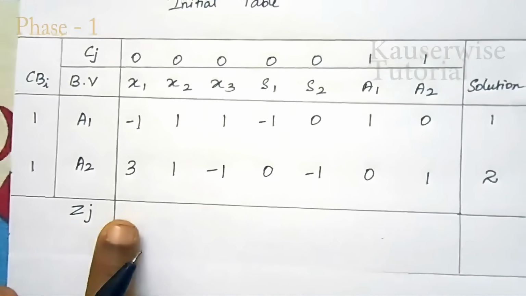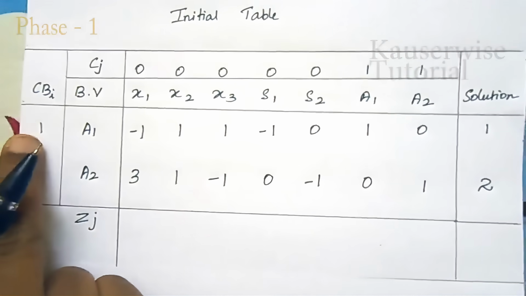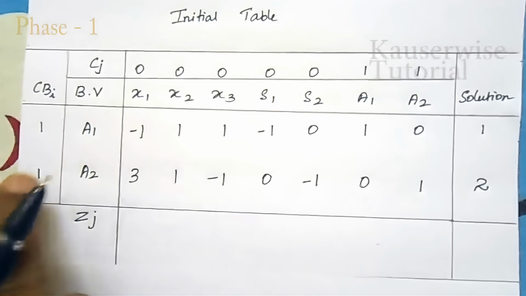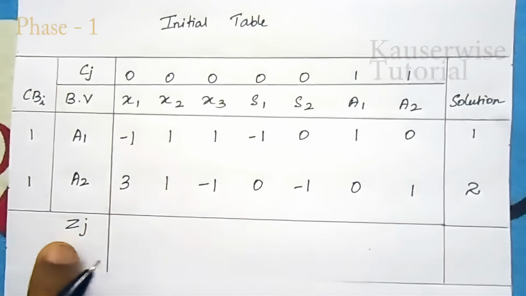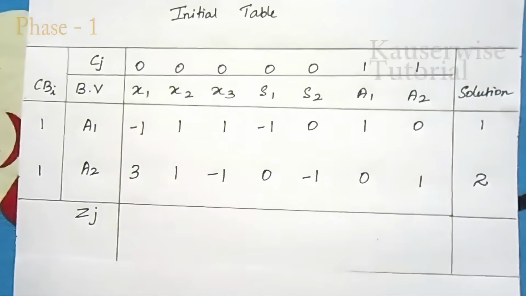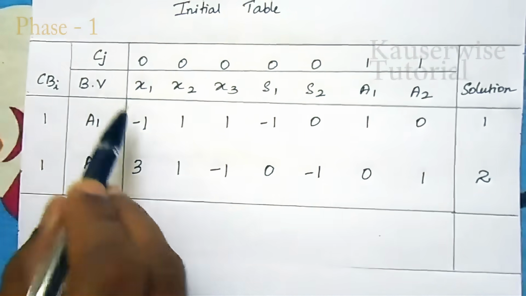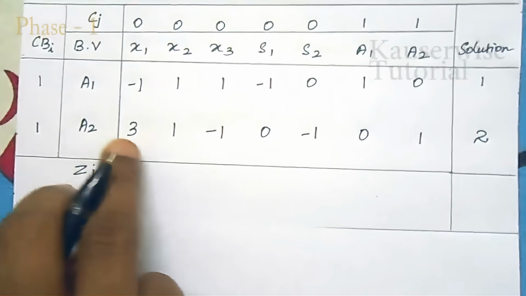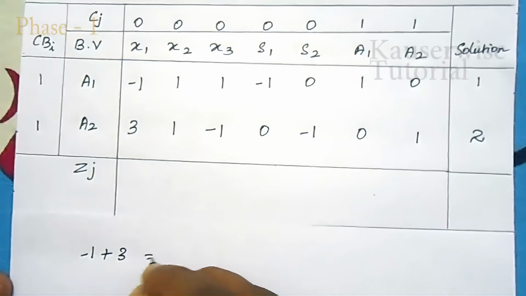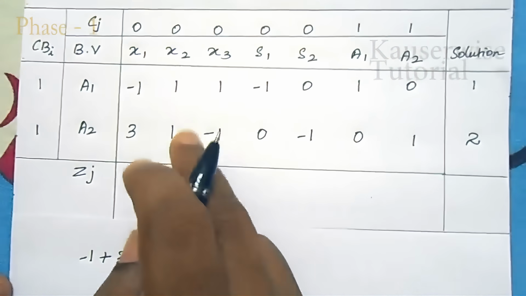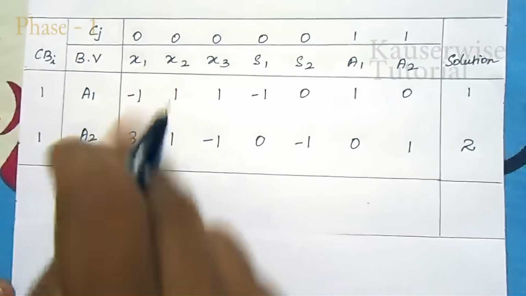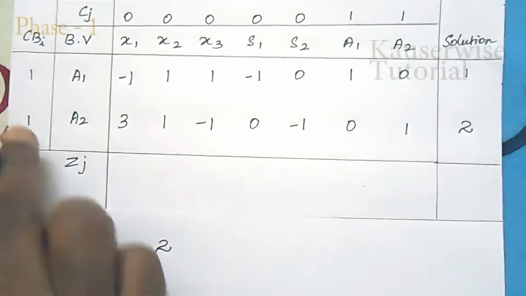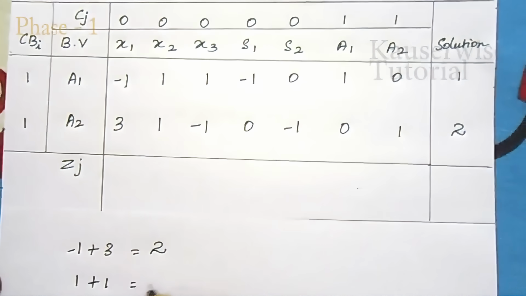In order to find out the zj, just multiply the cost with each and every element and add the second value to find out zj. Let me show the calculation. For the first one, 1 into minus 1 plus 1 into 3 is equal to plus 2. For the second value, 1 into 1 plus 1 into 1 is equal to 2.